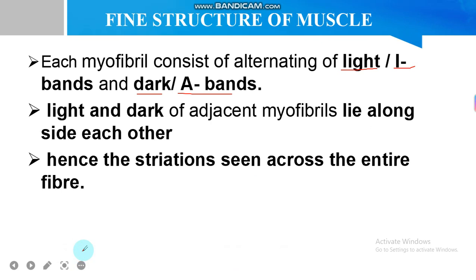Now, when you combine the myofibrils together in a muscle fiber, remember myofibrils are contained in a muscle fiber. The myofibrils lie adjacent to each other in such a way that the dark bands of one myofibril lie alongside the dark bands of the next myofibril, so that it forms a continuous dark band.